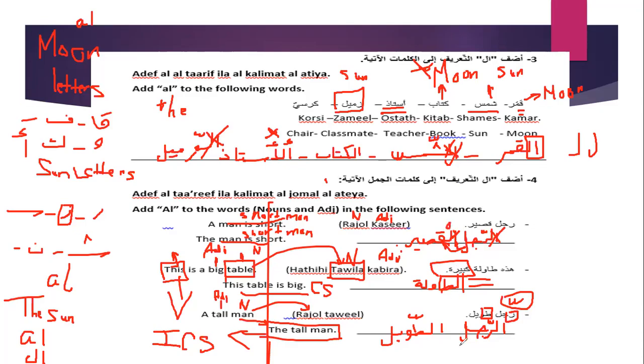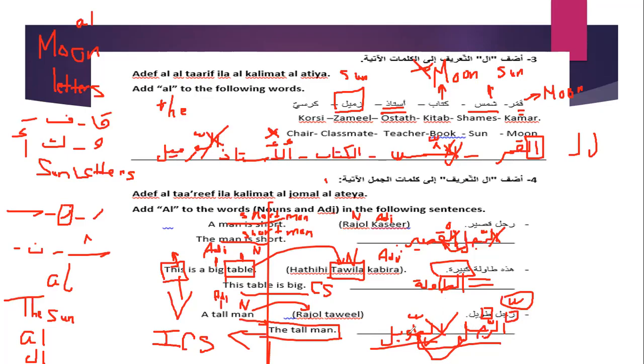How do we read this, guys? Here we have ar-rajul at-tawil. Here, because it's a sun letter, we don't pronounce it, so we connect them together. If both of them are sun letters, رجل الطويل, notice what I did. I connected here the la with ta. Here I connected the la with la. I didn't connect the la with qa because qa is a moon letter, and the la here is not deleted, but here the la is deleted.